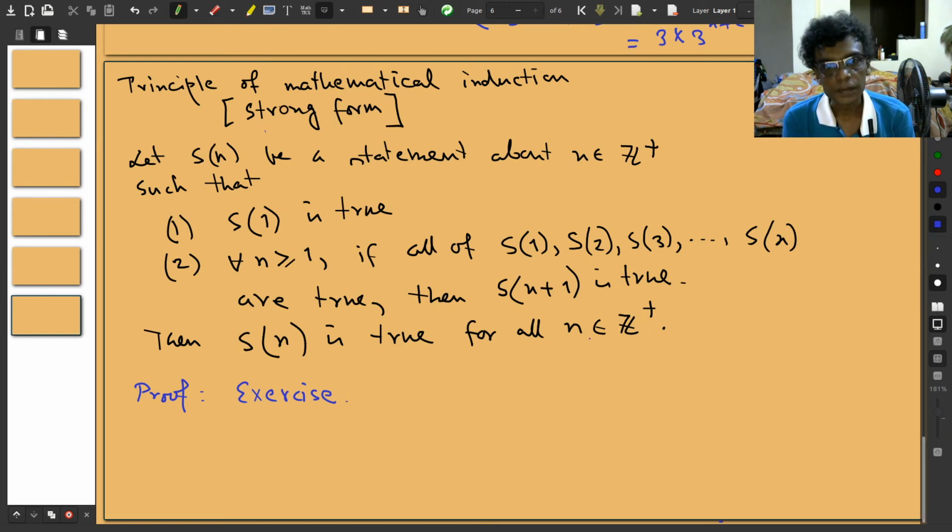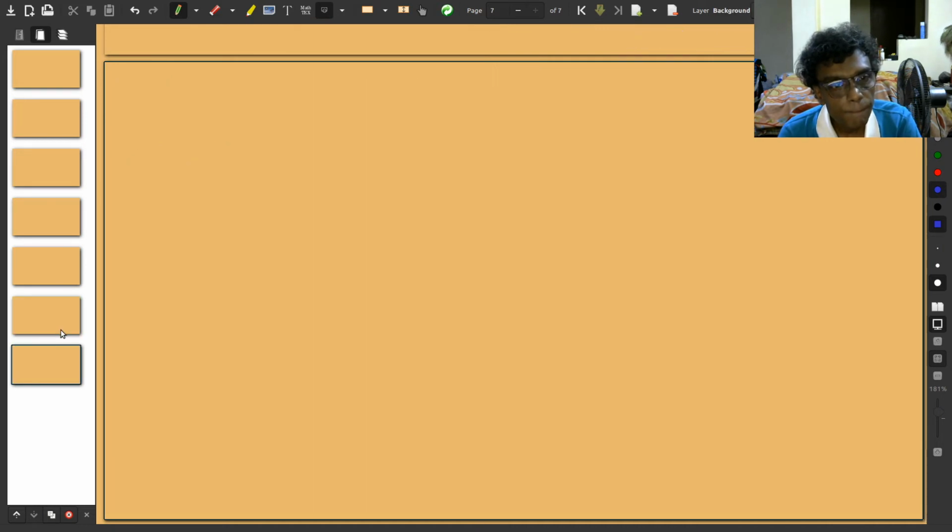But let us see an application of this strong form. We will see other applications in future classes. Let us now do this example. Okay, so you know what merge sort is.